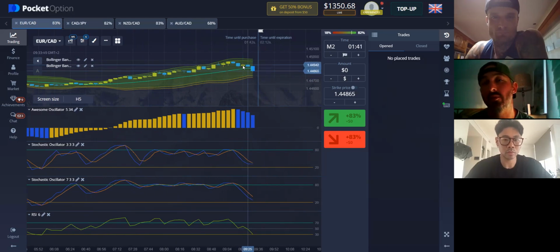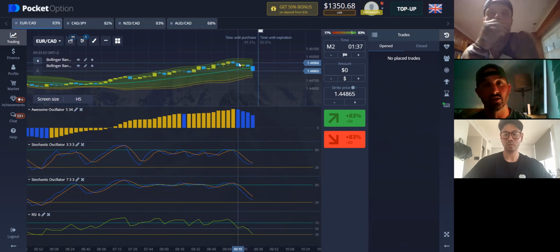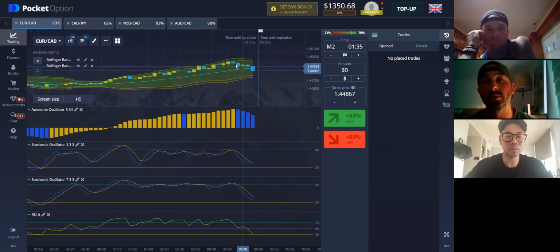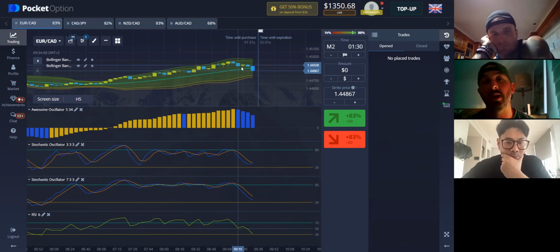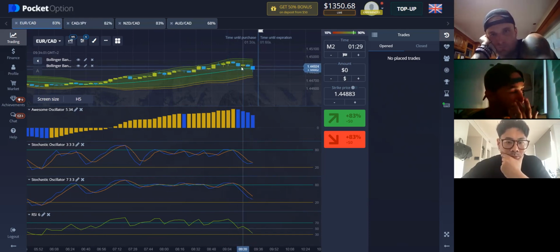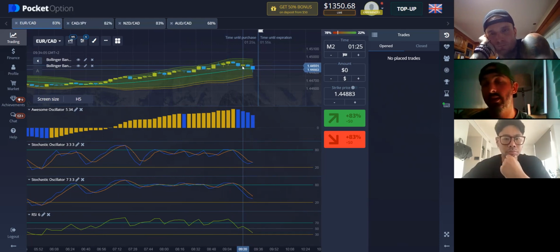Now, we did get a little bit of a reversal here, but it's not this exact screen. The pin bar formed at the bottom of a downtrend, and you think to yourself, well, that's a reversal of the trend. However, it didn't. We had a continuation of the downtrend.